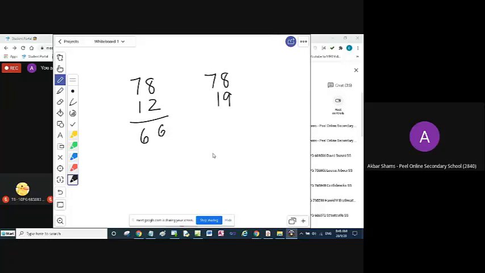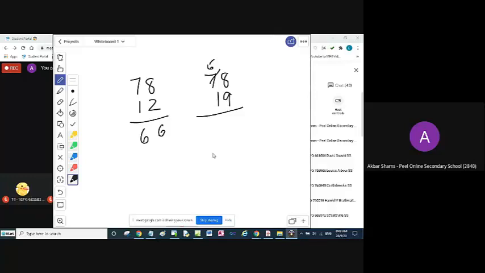Subtract 19 from 78. To subtract this one, you say that 9 is greater than 8, so I cannot subtract 9 from 8. So I'm going to borrow 1 from the column to the left. So 7 becomes 6, but this means that a 10 is going to be added to 8.